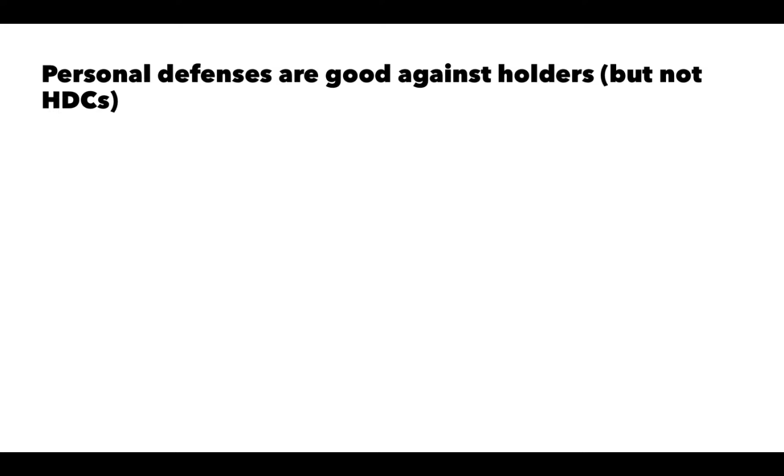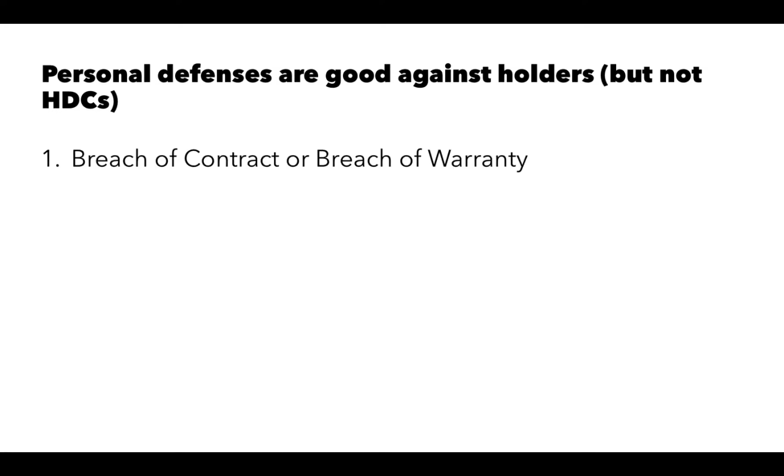Now, personal defenses are good against holders, but not against holders in due course. These are defenses that may be used to avoid payment to an ordinary holder, but not an HDC or a holder with the rights of an HDC. For instance, breach of contract or warranty.